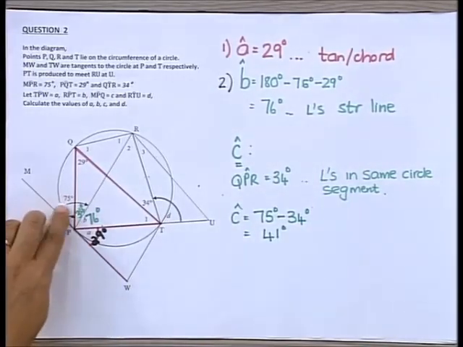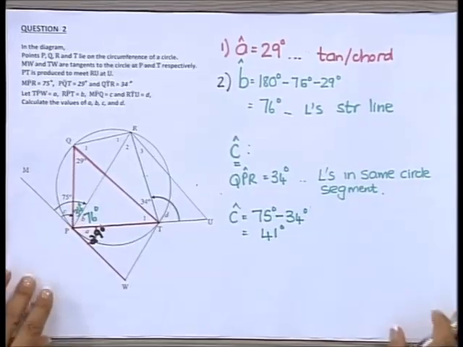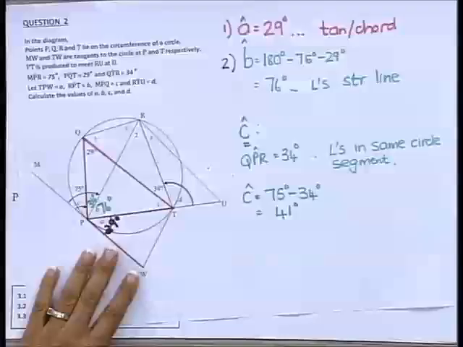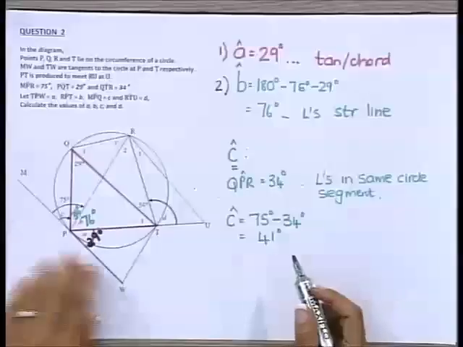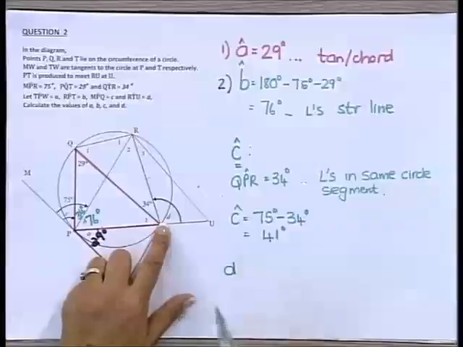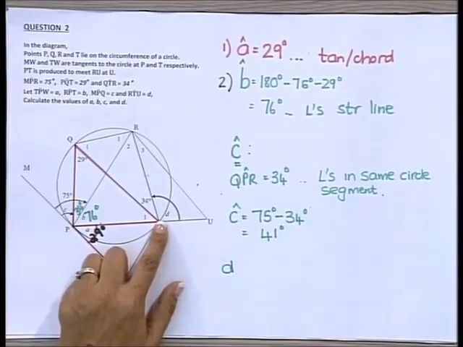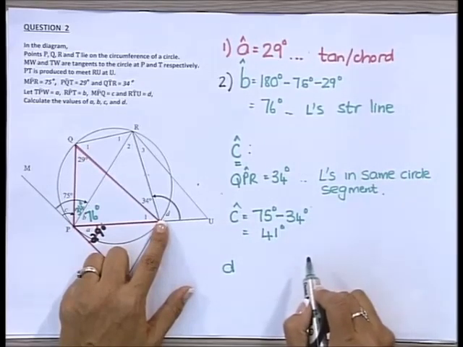From there is 75, but that little angle there is 34, so C must be 41. And we go to our very last question for this sum, and this sum is, what is the size of D? So let me just see, I've got there B is 76, that's beautiful. Let me just see if people got that C is equal to 41. Fantastic. That is so nice.